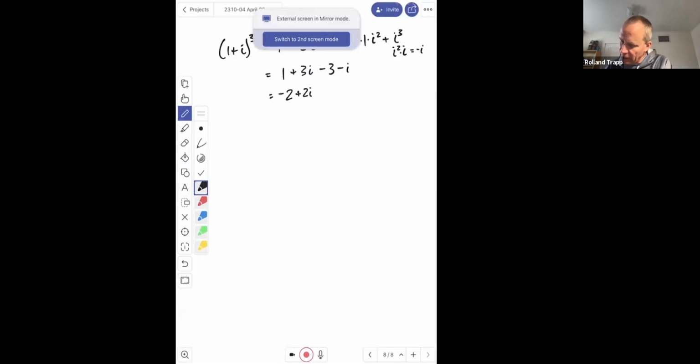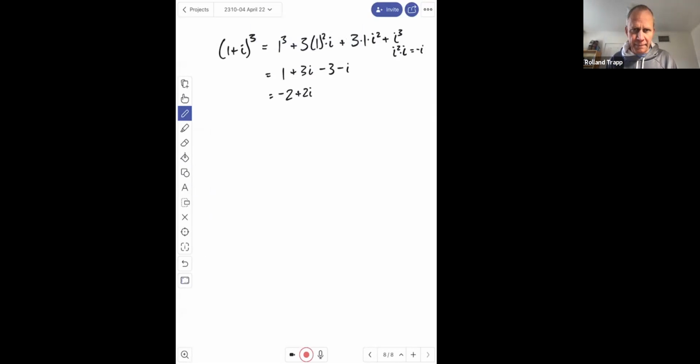So I want to talk about the geometry of complex numbers. Historically, complex numbers had an interesting beginning. They came up when people were studying solutions to cubic equations. They couldn't get around complex numbers, not in quadratic equations, but in cubic equations.